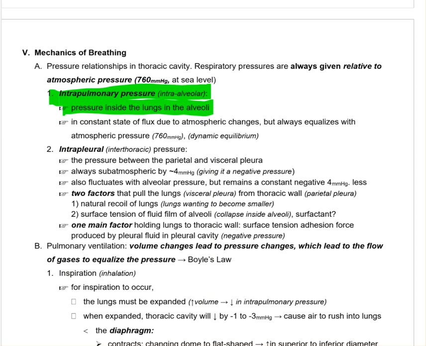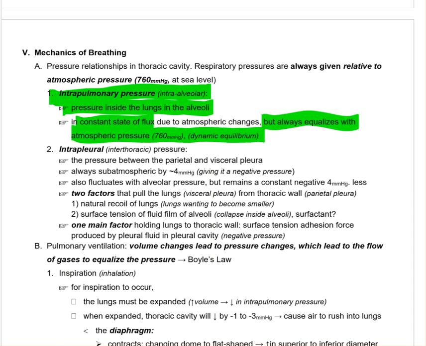If you just stand there and open your mouth, the pressure of your lungs immediately goes to the outside pressure, because that pressure is huge and vast, and any little change you act on it is so small it will not be noticed, but it can act on changes inside your lungs quite easily. So generally it's in a constant state of flux, but it always equalizes with atmospheric pressure.